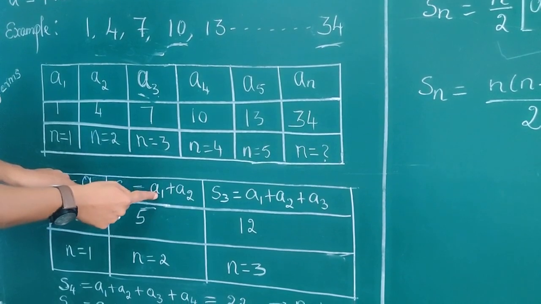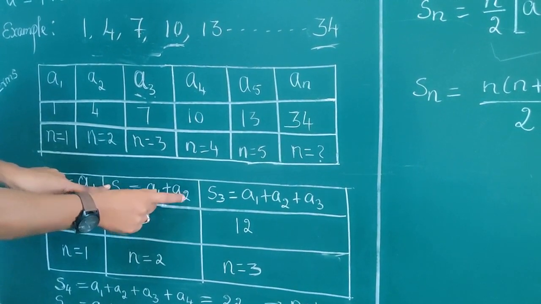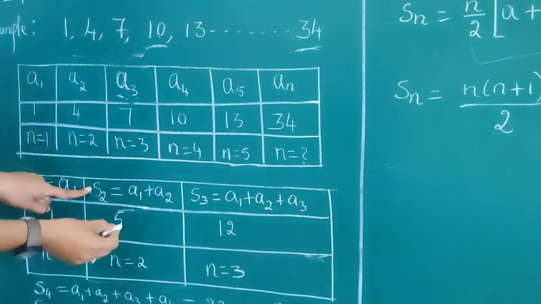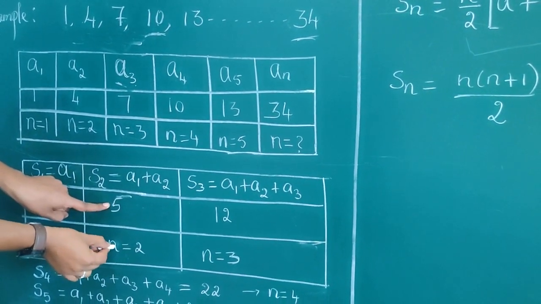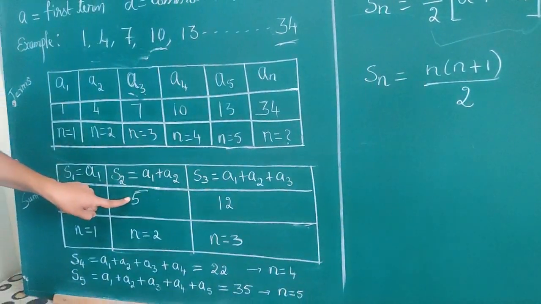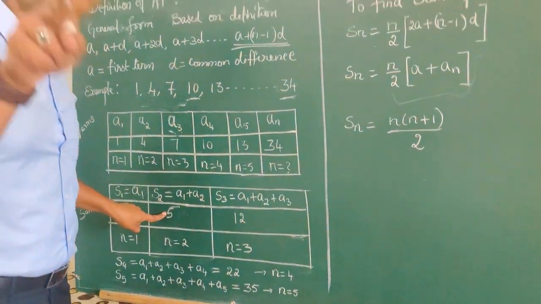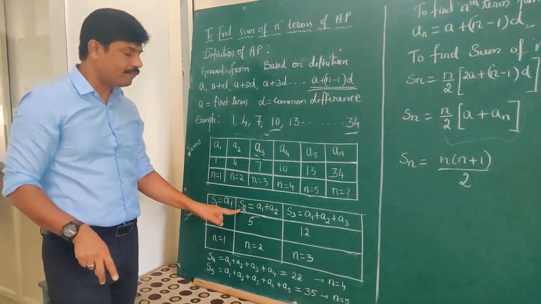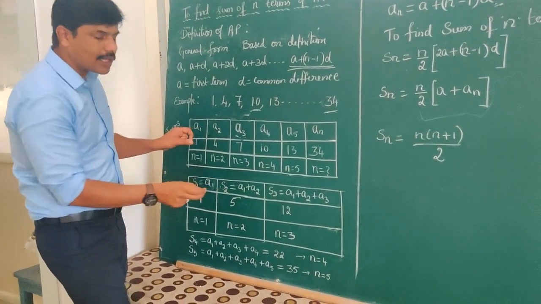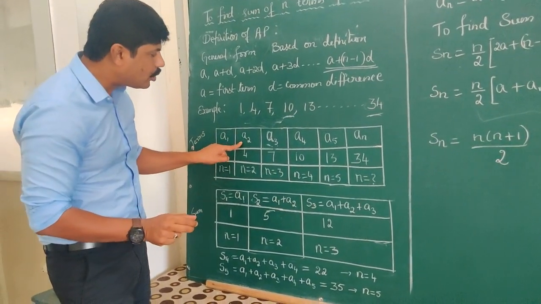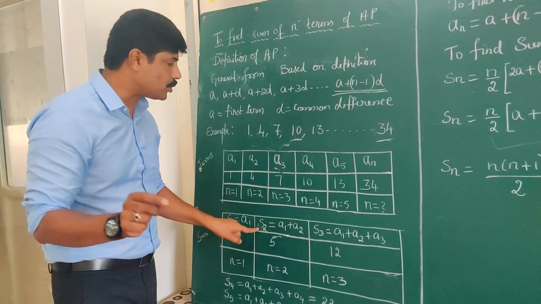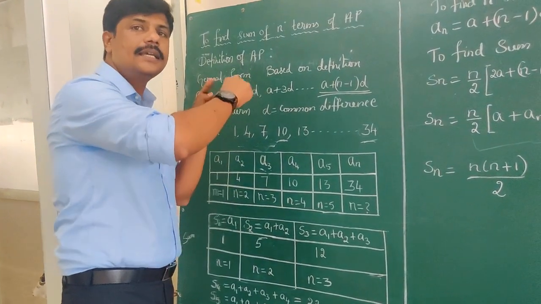S2 refers to A1 plus A2. 1 plus 4 is nothing but 5. That means n equals 2 means you are adding two terms. S2 and A2 are two different things.